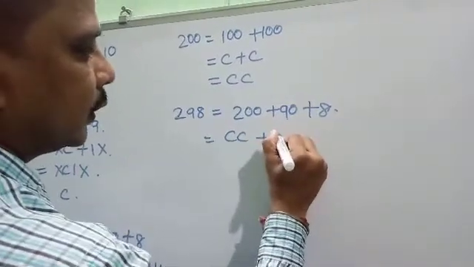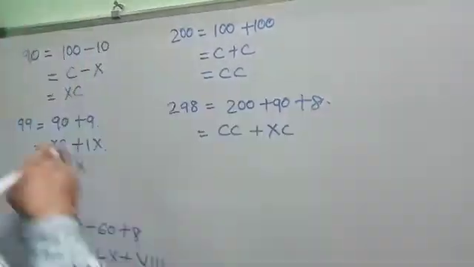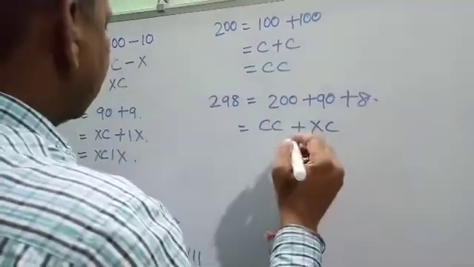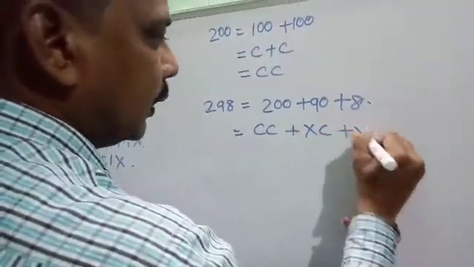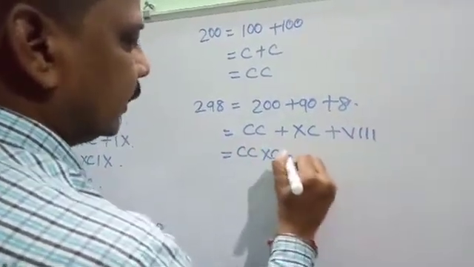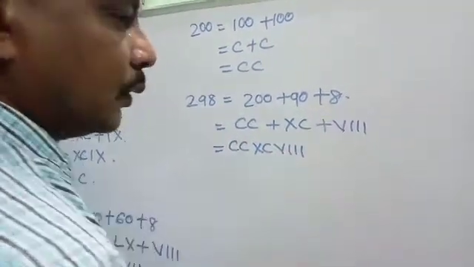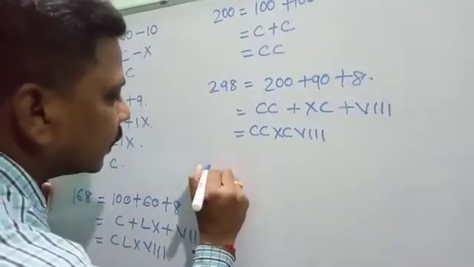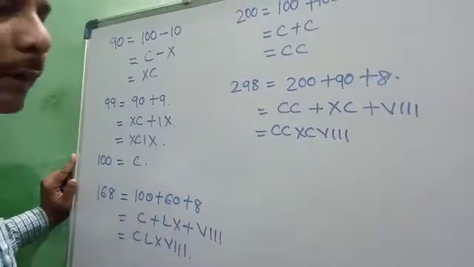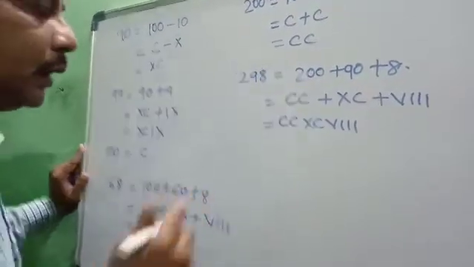CC plus XC. Look here, for 90 you have already written XC, and 8 is V triple I. CC, XC, V triple I. For 300 we can use 100 plus 100 plus 100, which means triple C.